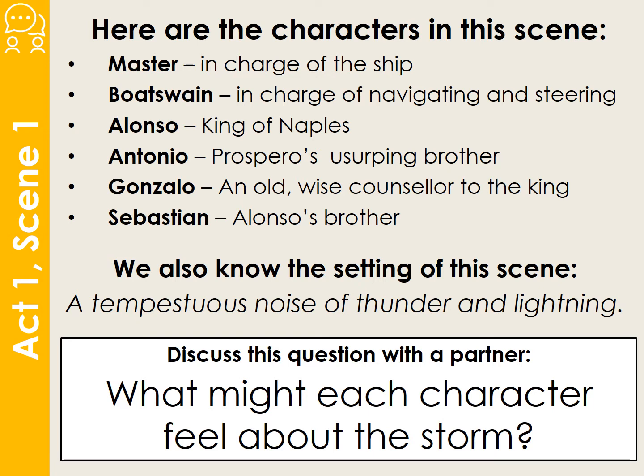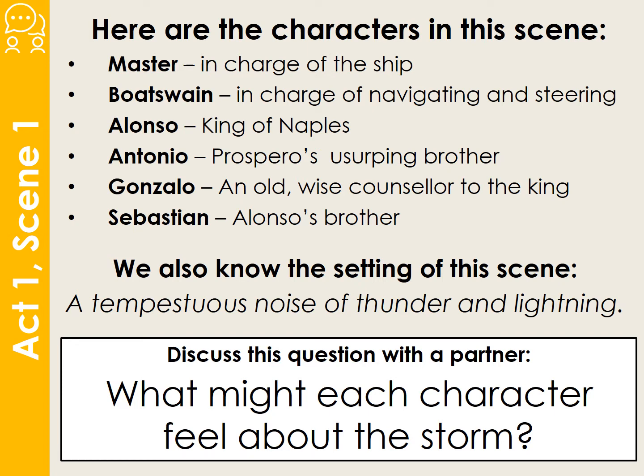Firstly though, I would like you to either think to yourself or discuss with someone else in the room, discuss with your pet, what might each character feel about the storm. So before you pause the slide, think about the roles each character plays on the ship. So for instance, the master and bosun, they are in charge of navigating this ship through a horrendous tempest, a storm of thunder and lightning.